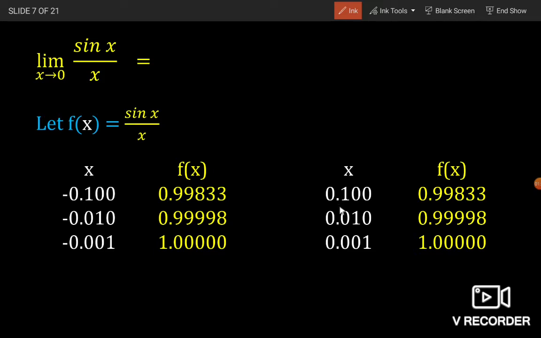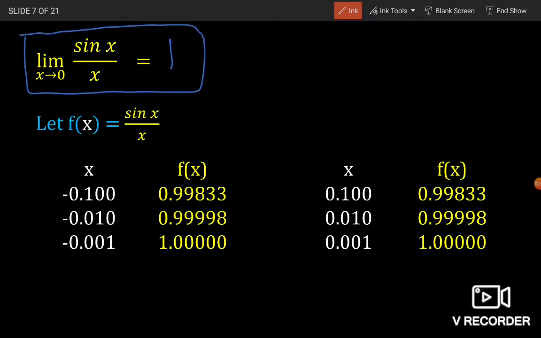As x approaches 0 from the right-hand side, we can see here f of x, which is sine x over x, approaches 1. So we can see here, as x approaches 0, sine x over x approaches 1.